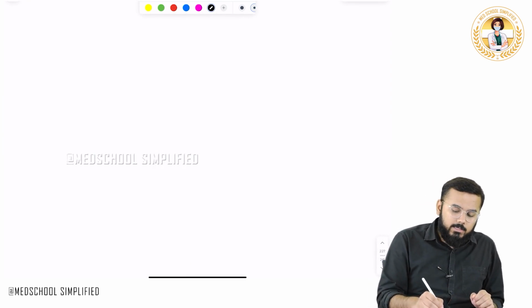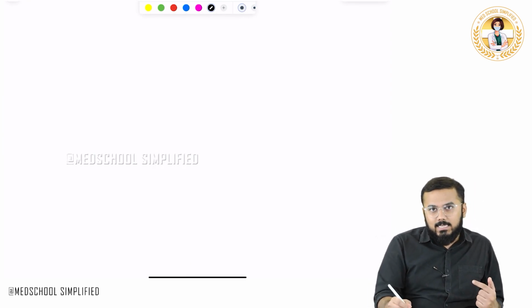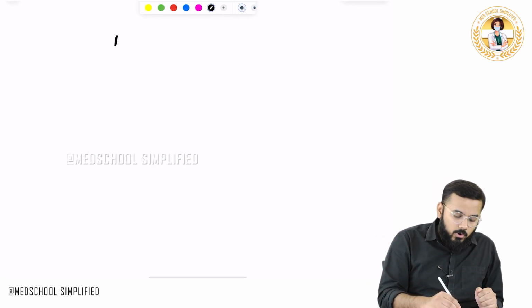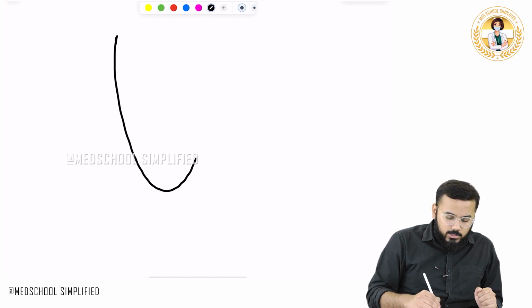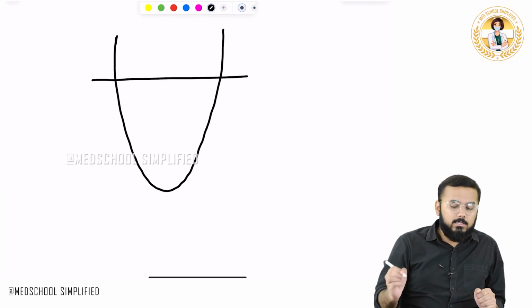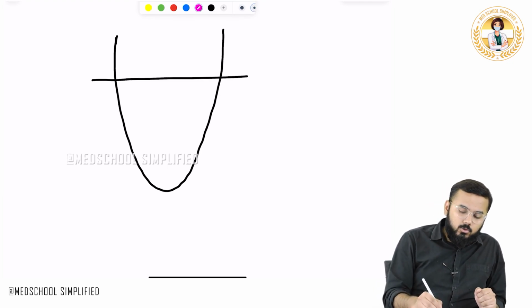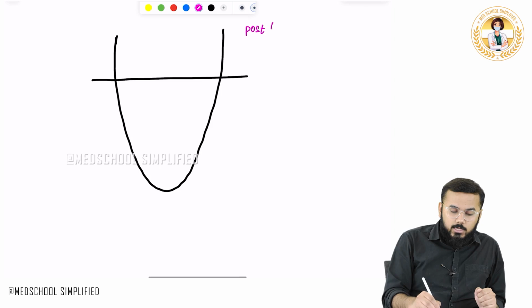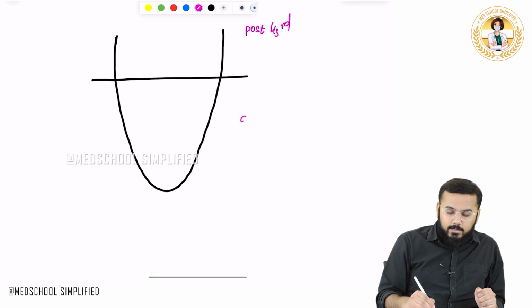Okay, right. The next important thing is let us see what is the sensory supply of the tongue. If you want to know the sensory supply of the tongue, you just have to divide the tongue into 2 portions. This is called the posterior 1/3 of the tongue, and this is called the anterior 2/3 of the tongue.